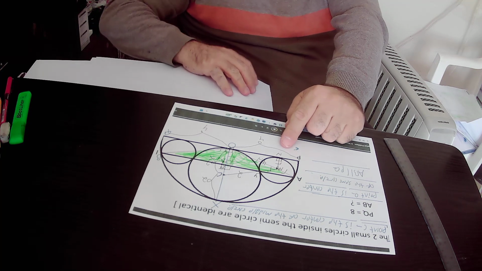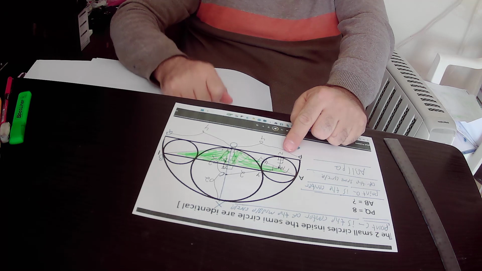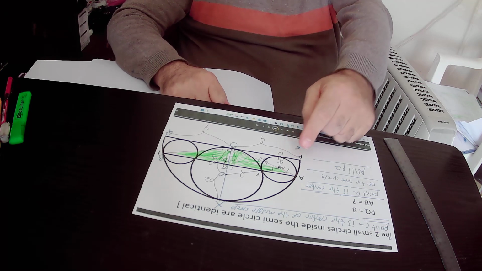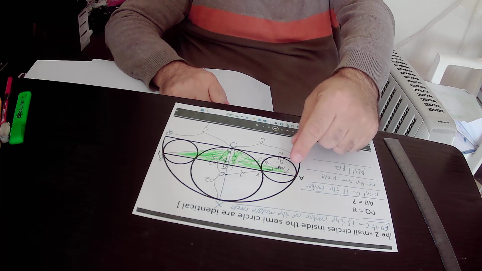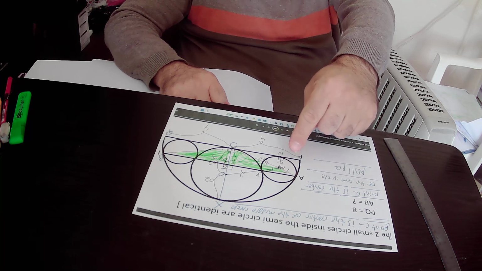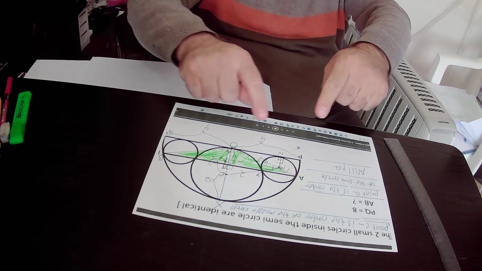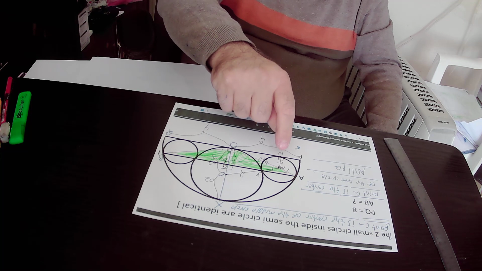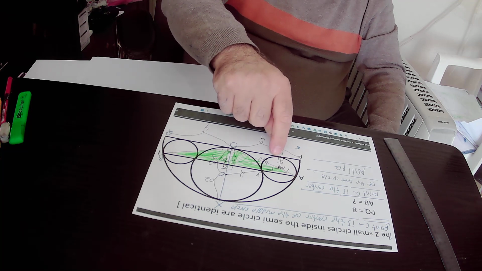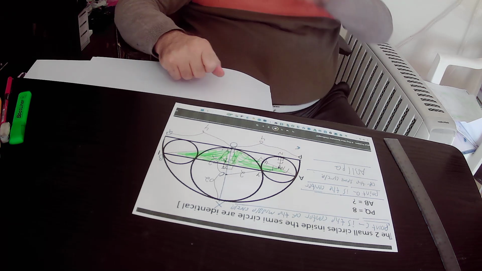Point N is the point of tangency of tangent PQ with this small circle, and the radius MN is drawn to the point of tangency, that is to say, to point N. Therefore, the tangent PQ will be perpendicular to this radius. That is to say, this angle equals 90 degrees, and this angle also equals 90 degrees.